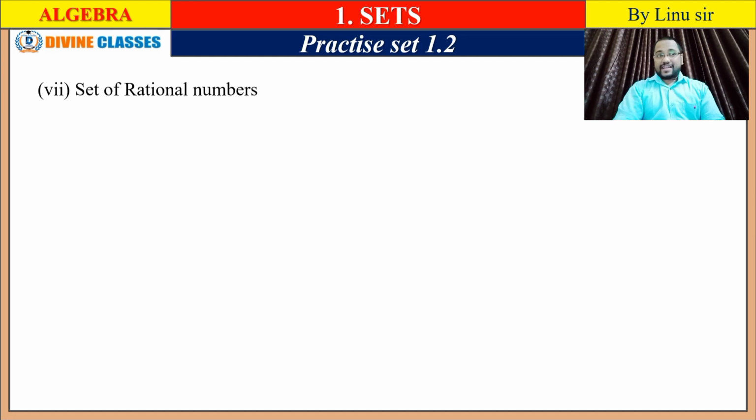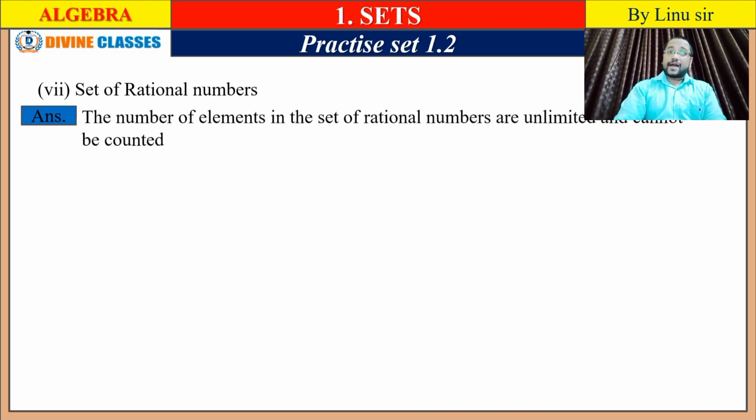Question number 7: set of rational numbers. Rational numbers also we cannot count, right? They come in numerator and denominator form, so they also cannot be counted. We can write in this manner: the number of elements in the set of rational numbers is unlimited and cannot be counted.